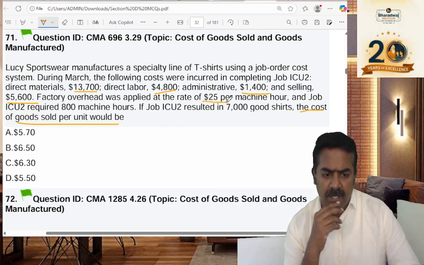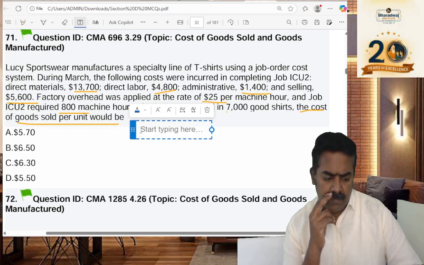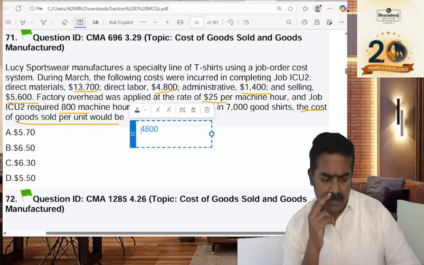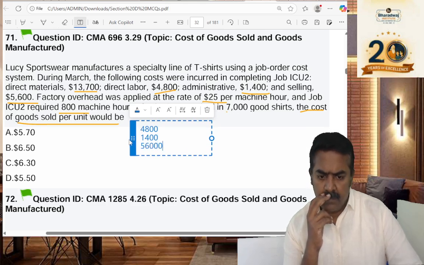Factory overheads applied: 25 into 800. So work out. 45,500.